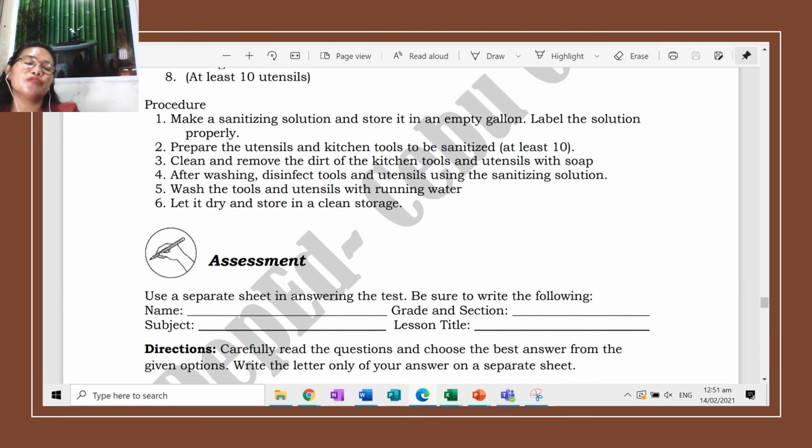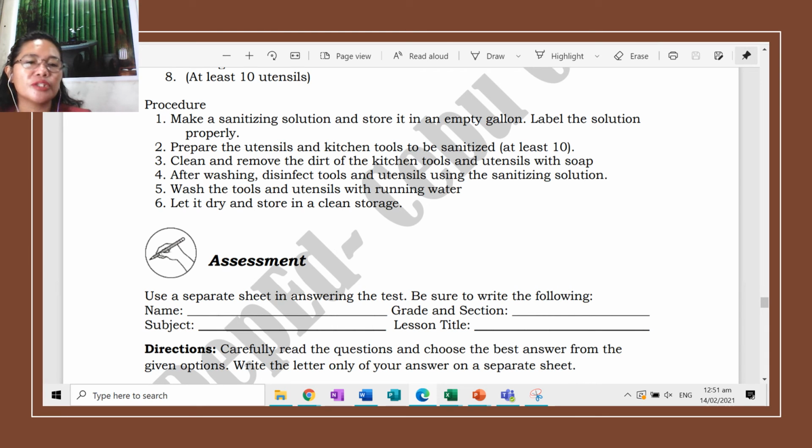Okay, the last one for this module 2 is the assessment. Still, use a separate sheet in answering the tests. So be sure to write the following. Okay, kay some of you are not able to write this: the name, the subject section, and the lesson title. Direction.